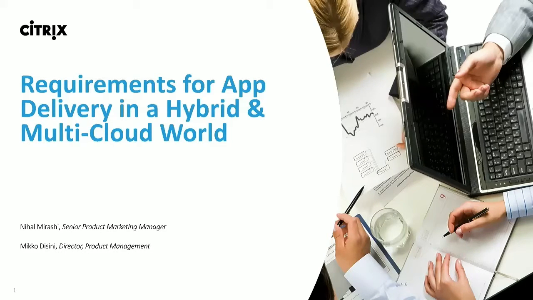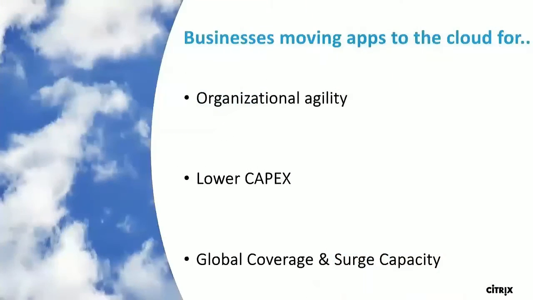I'd like to take the next few minutes and talk to you about the requirements for app delivery in a hybrid and multi-cloud world. Cloud computing has become the new normal. It's not a matter of if applications are moving to the cloud, it's a matter of when. And by and large, companies are moving apps to the cloud for three main reasons.